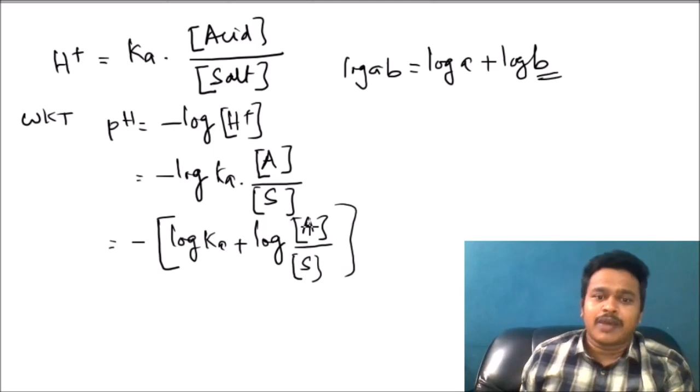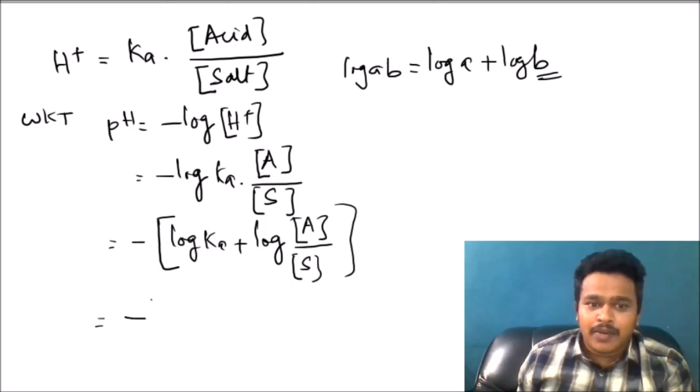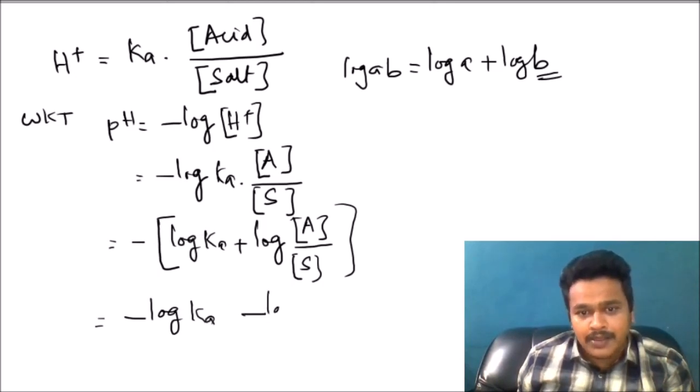The square bracket represents the concentration of acid and concentration of salt. Now I will send this minus inside: minus log Ka minus log of acid concentration by salt concentration.